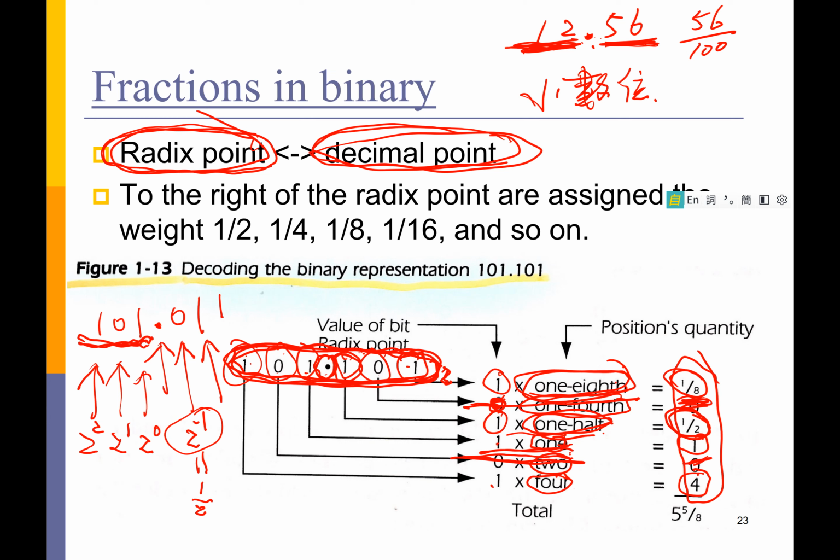Okay? So what we get here is 5 and 5/8, because 1 plus 4 is 5, right? And we have 1/2 here.